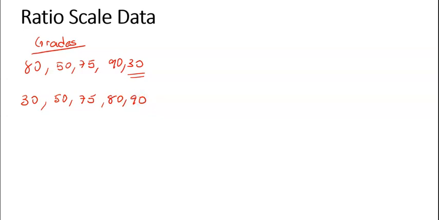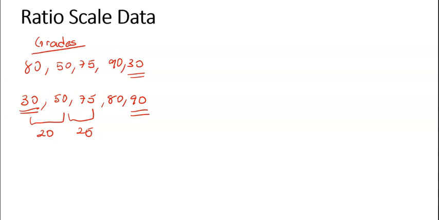So order has meaning here. 30, we can say, is the lowest grade, and 90 is the highest grade. And I can measure the differences, for example, between the lowest and the next lowest grade. The difference is 20 marks, or from the second to third, it's 25 marks.